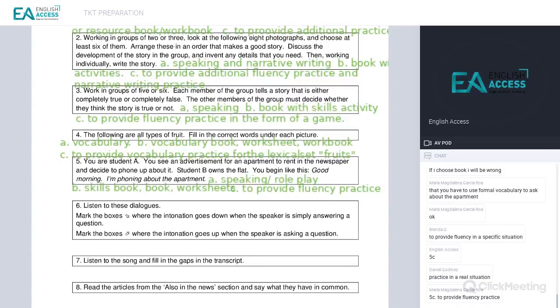To provide practice in a real situation.